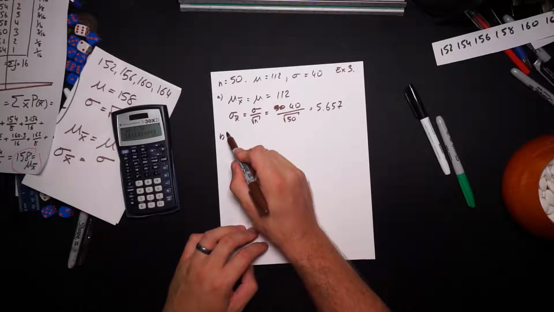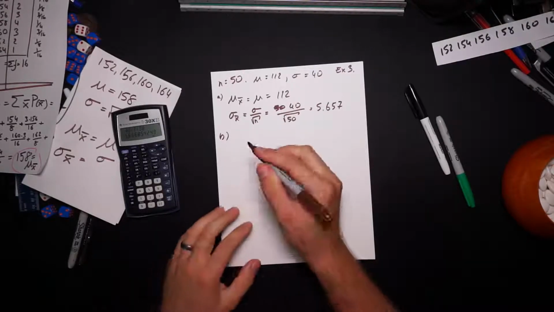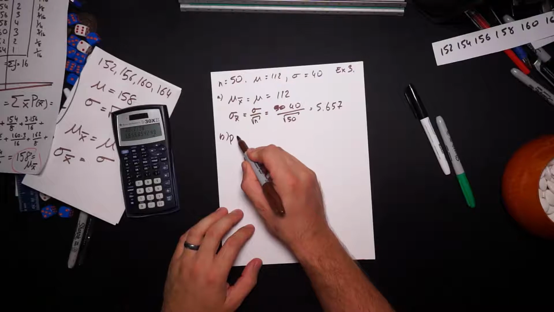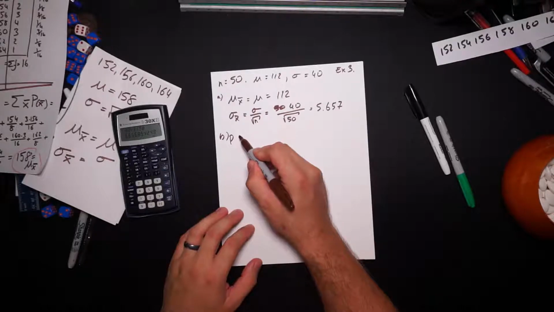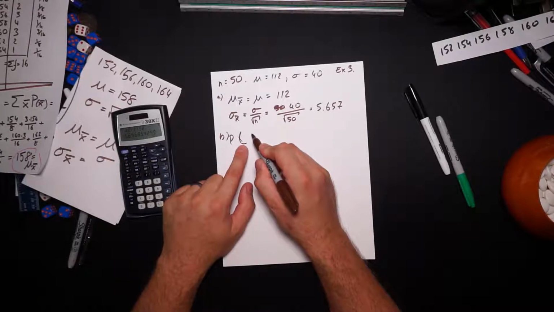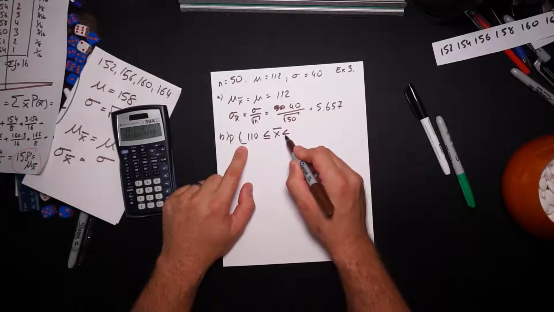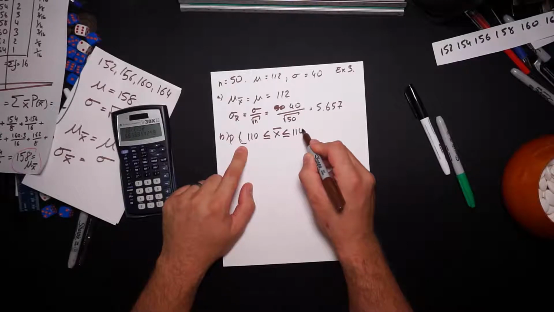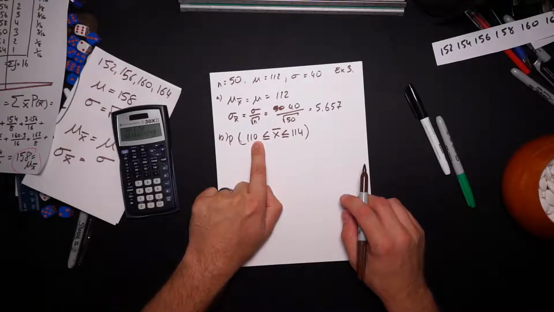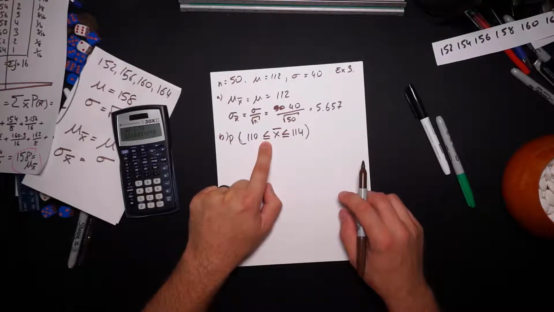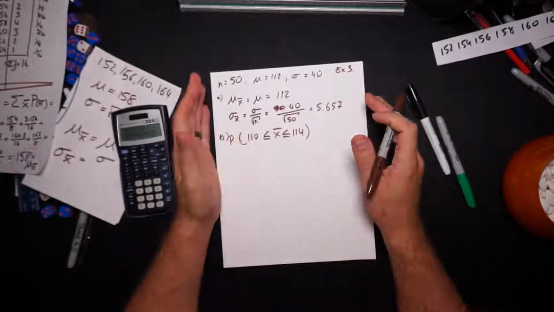B is asking to find the probability that X bar assumes the value. So the probability that... Now it doesn't matter if I'm doing bigger and equal or just bigger, again, because we are talking about single pieces, and single pieces don't matter.